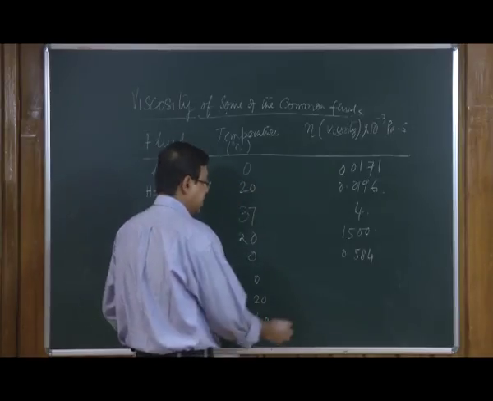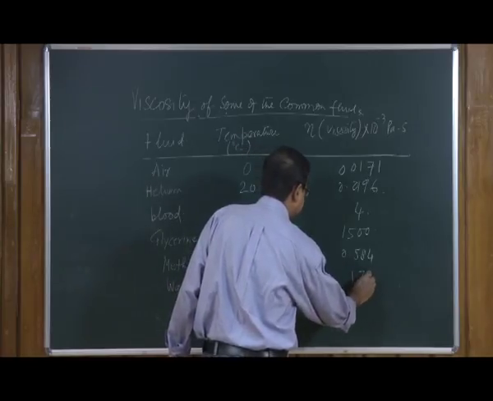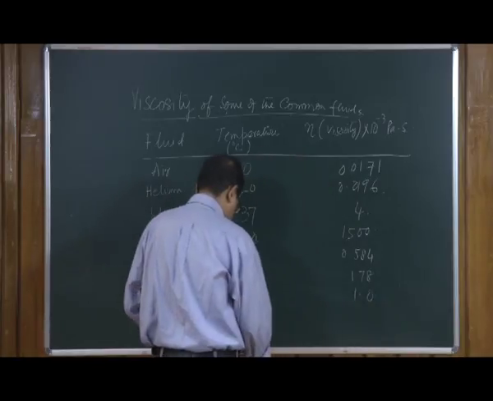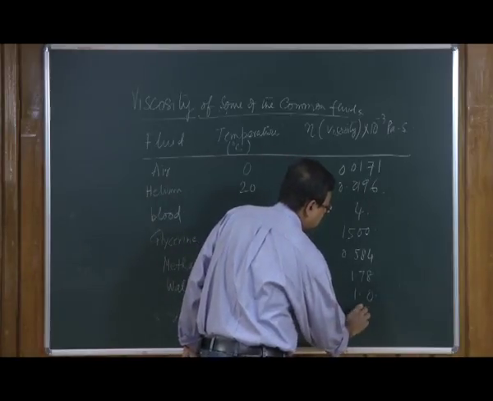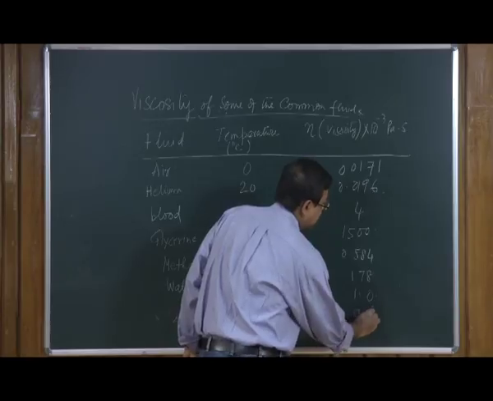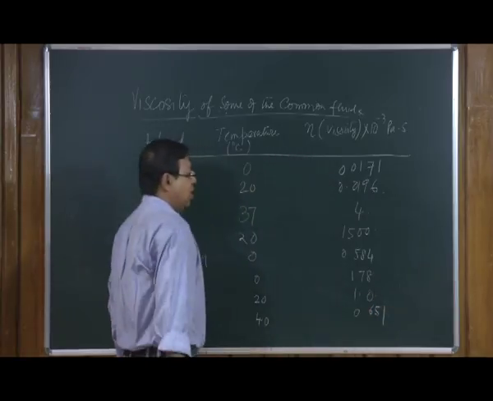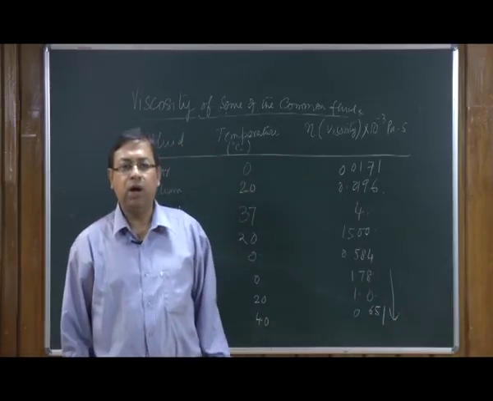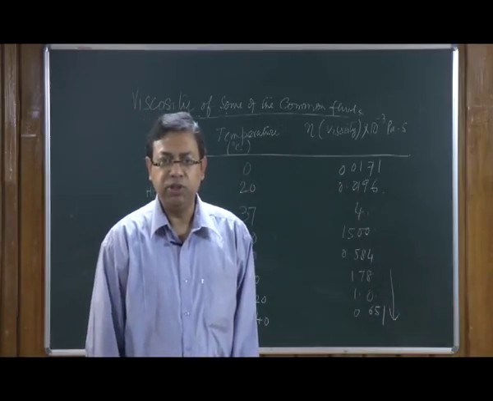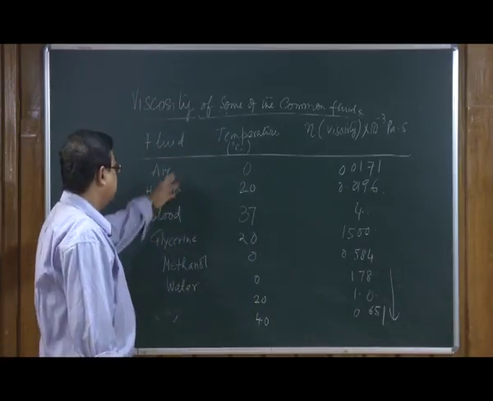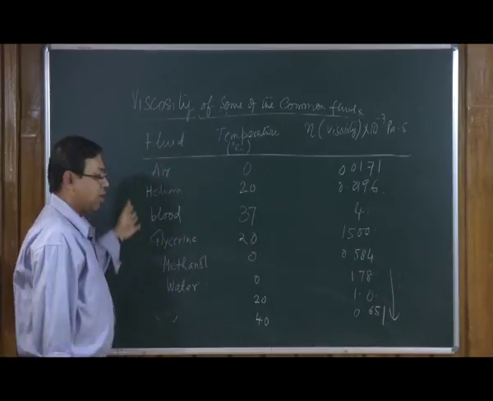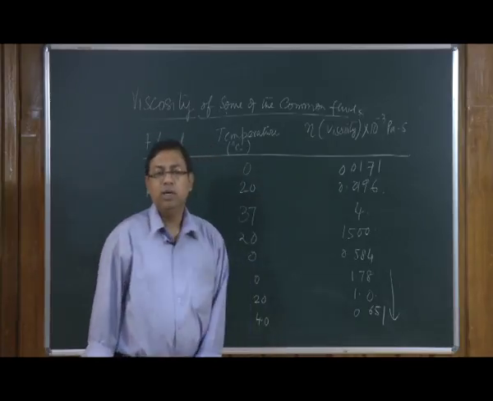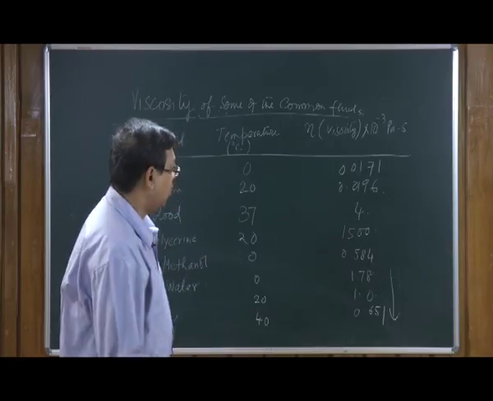For 0 degree centigrade, it is 1.78, for 20 degree it is 1.0, and for 40 degree it is 0.651. So, you see that the viscosity goes down with the rise in temperature for water, and these are the temperatures mentioned corresponding to the fluid, and these are the values of viscosity that are noted.